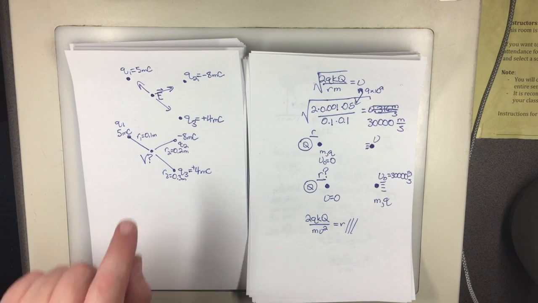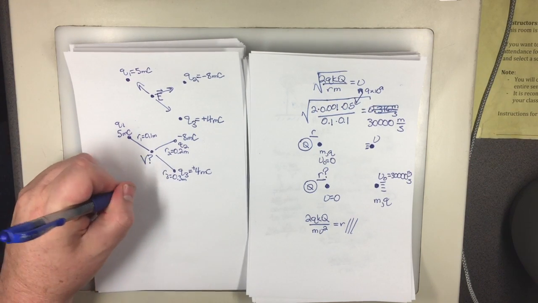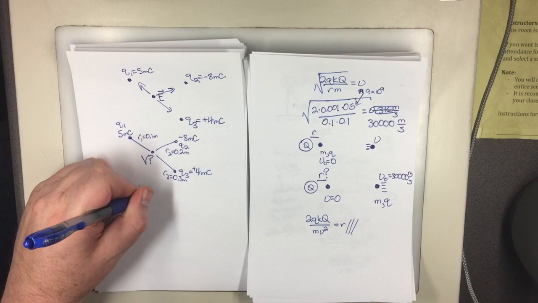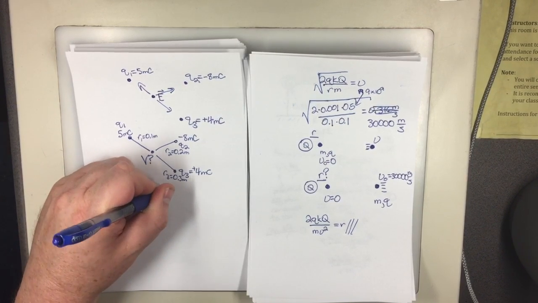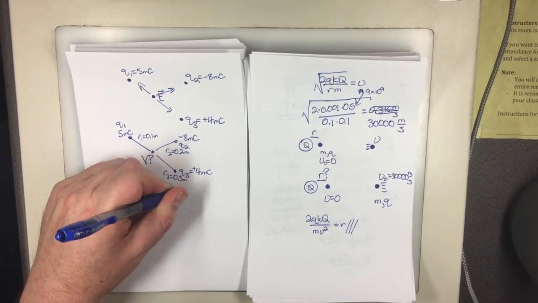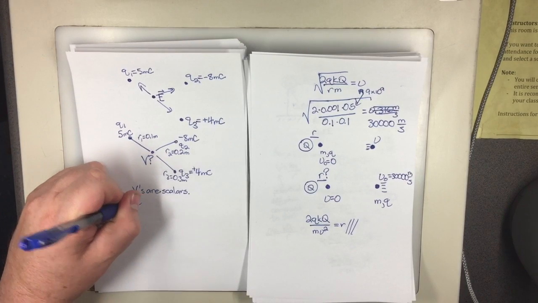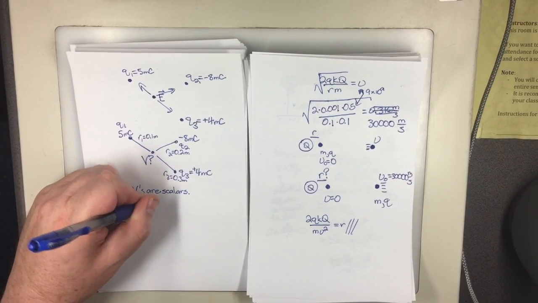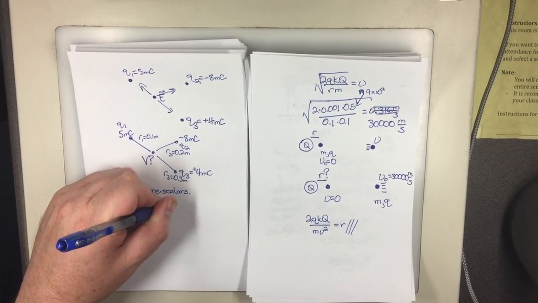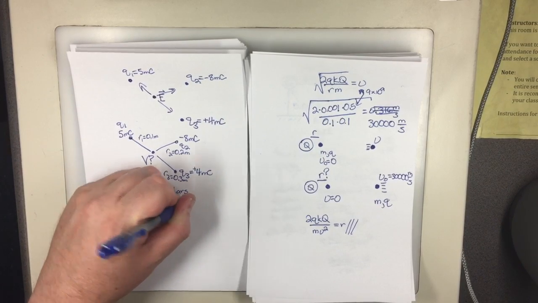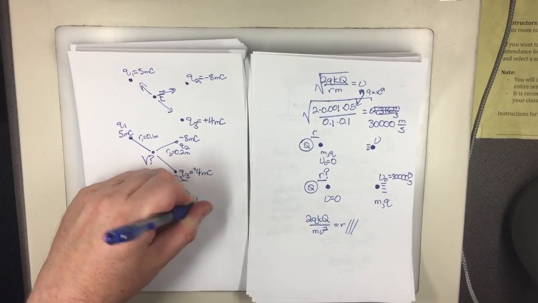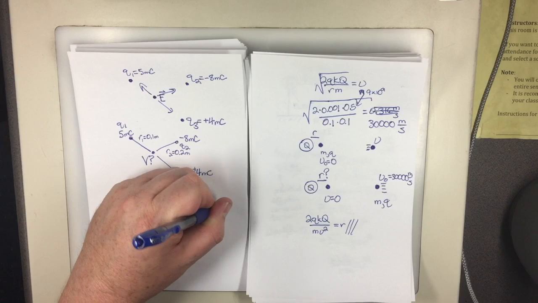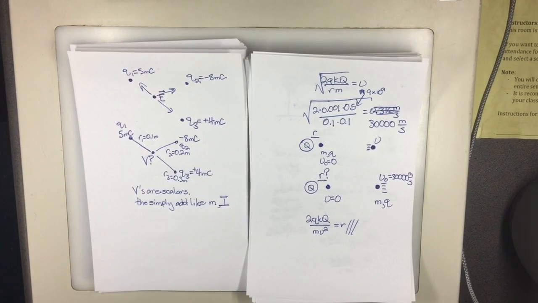Because potentials are scalars. They simply add. Like mass and moment of inertia. If you have a 2 kilogram mass and a 3 kilogram mass, and I say, how much mass do you have?